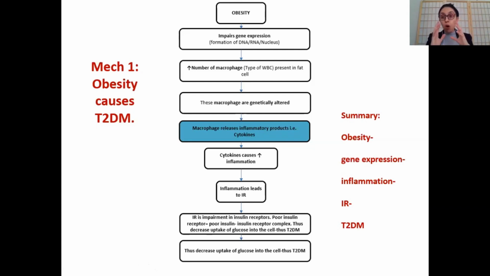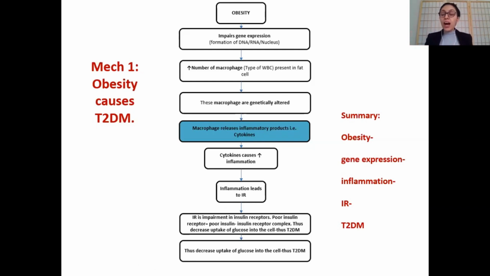All right, and obviously you know that in an obese individual there is a greater amount of visceral fat. Visceral fat will also mechanically prevent the complex being formed between the insulin receptor and the insulin. Okay, and similarly, because of inflammation, you again have this weak complex between the insulin receptor and insulin, and therefore you have high insulin resistance.